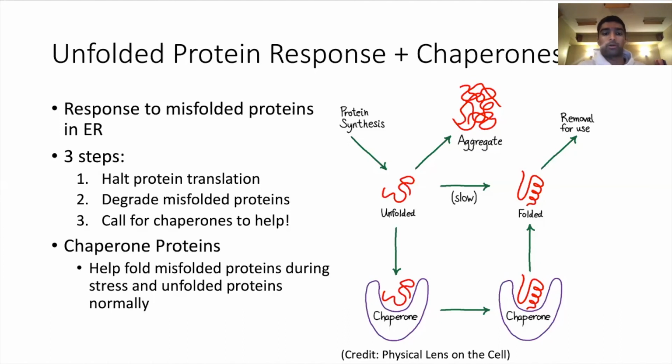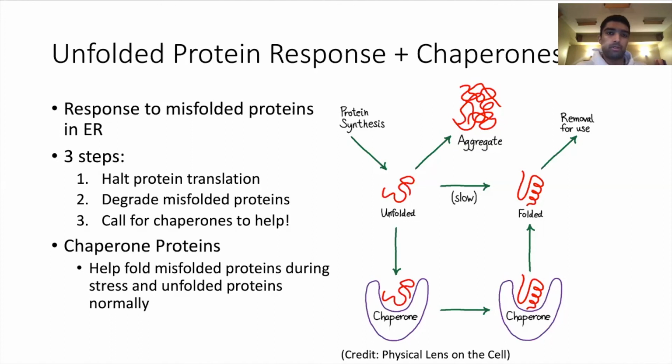Next, the proteins are degraded, so they're just cut up. And then third, the cell calls for chaperone proteins to help. So chaperone proteins are also proteins, but they are exactly what they sound like. They chaperone the other proteins. They're big brother, and they help fold back together misfolded proteins during stress or disease, and even normal proteins.